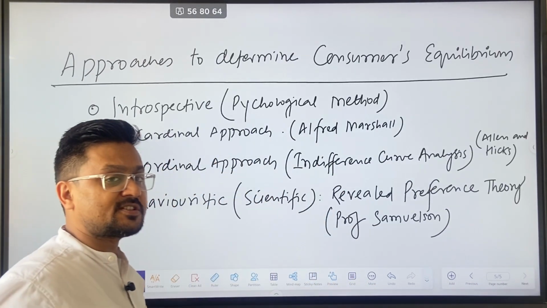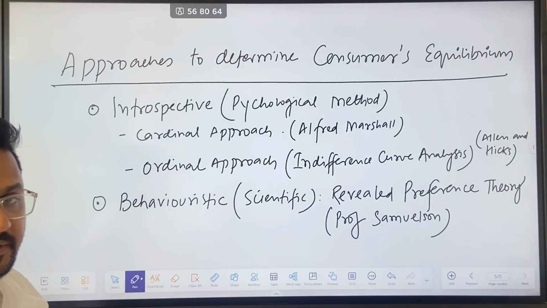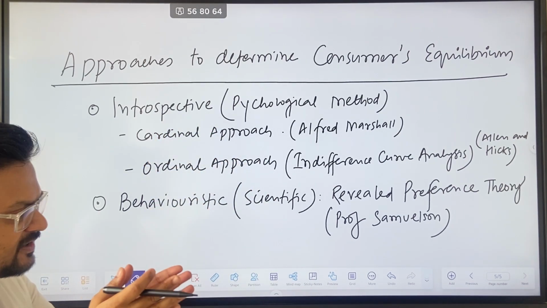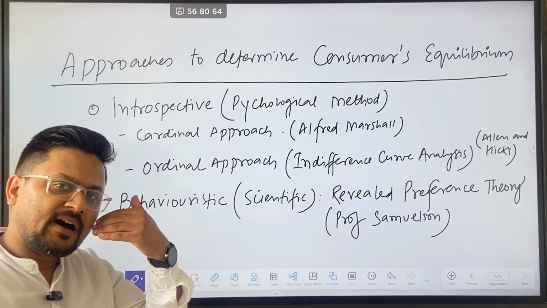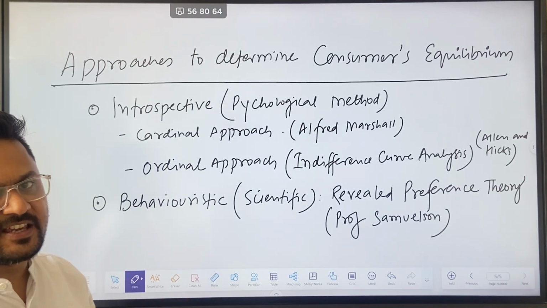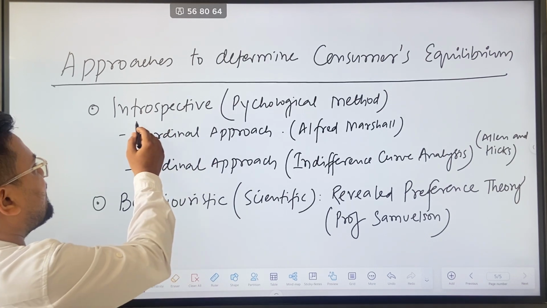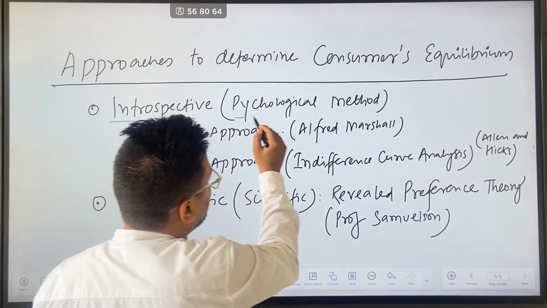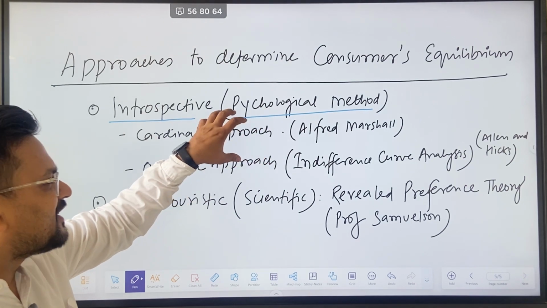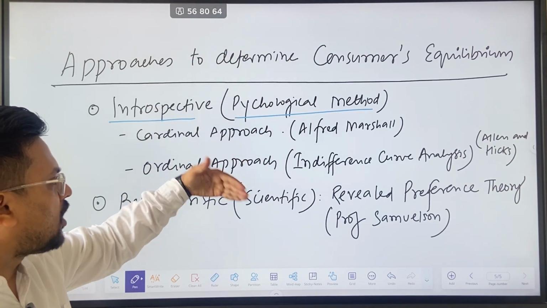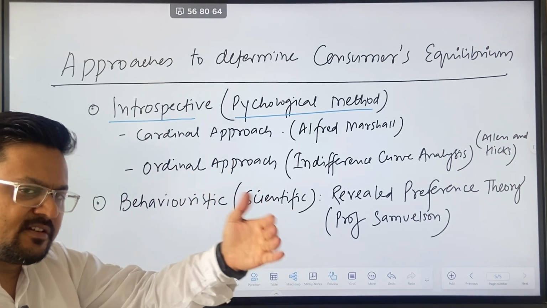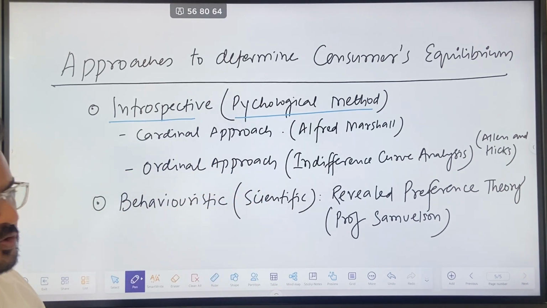There are different approaches to determine consumer's equilibrium, right? So we have one approach which is generally discussed at the higher secondary level of class 11, 12, maybe in your CUET and CA Foundation level. So we have the introspective or psychological method. This is a very common method that is taught and discussed at the higher secondary level as well as in entrance exams under UG.